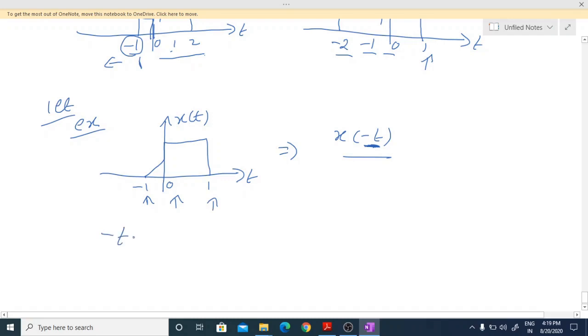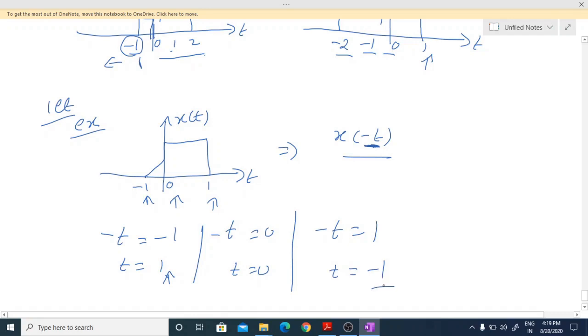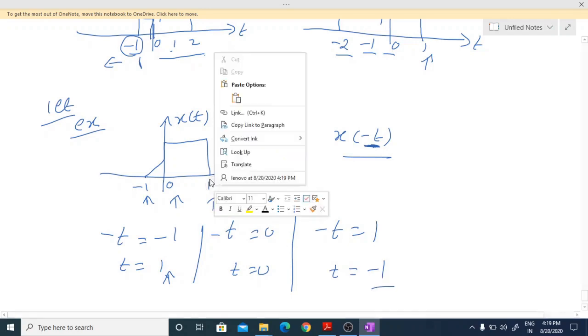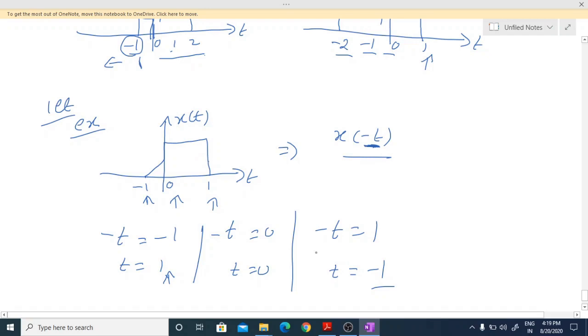So if I equate the corresponding t values of x of minus t and x of t, here minus t equal to minus 1, then what happens? t equal to plus 1. What does that mean? The amplitude at t equal to minus 1 in the original signal will be shifted to plus 1 in the reversed signal. Similarly, minus t equal to 0, t equal to 0, and minus t equal to plus 1, t equal to minus 1. What does that mean? The amplitude at t equal to 1 in the original signal will be shifted to minus 1 after reversing.